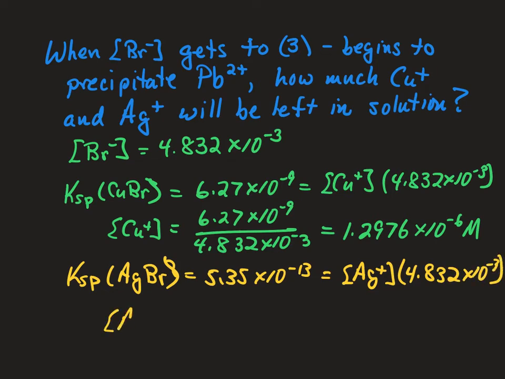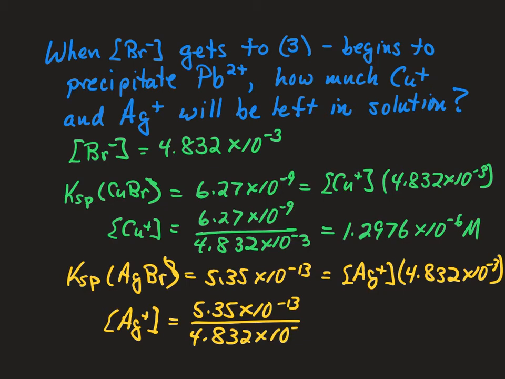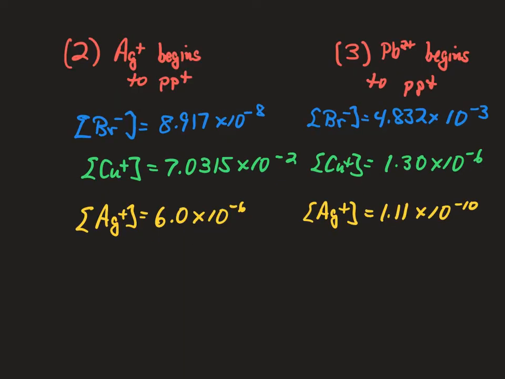So our concentration of silver ion is 5.35 times 10 to the minus 13 divided by 4.832 times 10 to the minus 3, which gives us 1.1072 times 10 to the minus 10 molar silver ions. Okay, so let's bring together our results again and look at them.